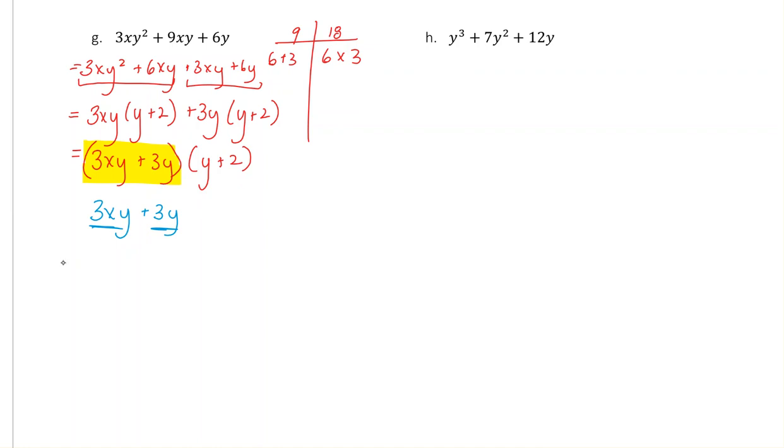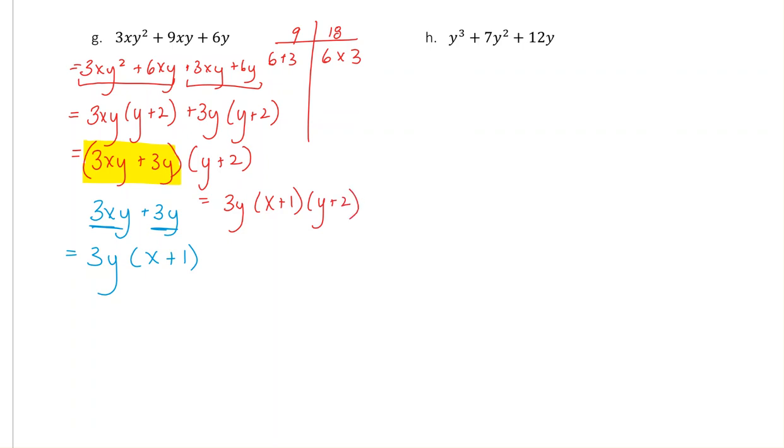Absolutely. You could factor out 3, and you could factor out y, which would leave you with x plus 1. Because if you factor out 3y from 3xy, you're just left with x. If you factor out 3y from itself, you're left with 1. So the real answer to your problem should be 3y, x plus 1, y plus 2.